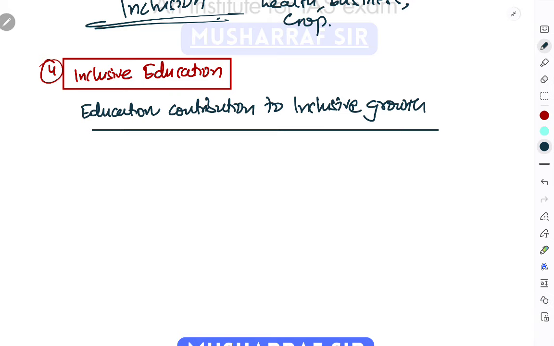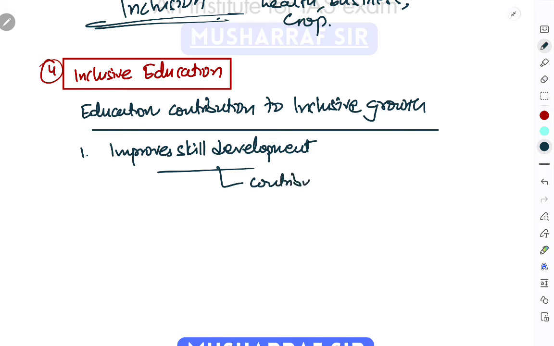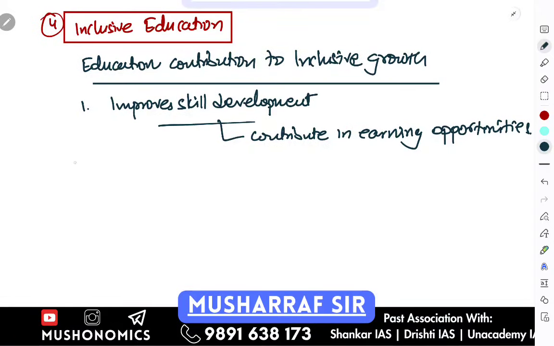Number one, it improves skill development. When skill development is there, that contributes to earning opportunities. The second thing that education does is it improves the information set, and therefore it helps in taking better decisions.